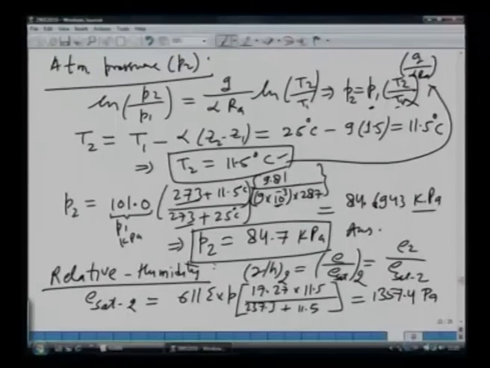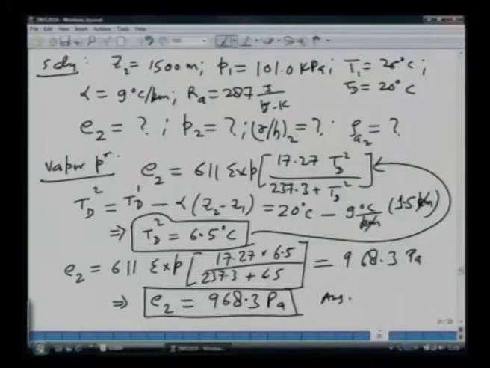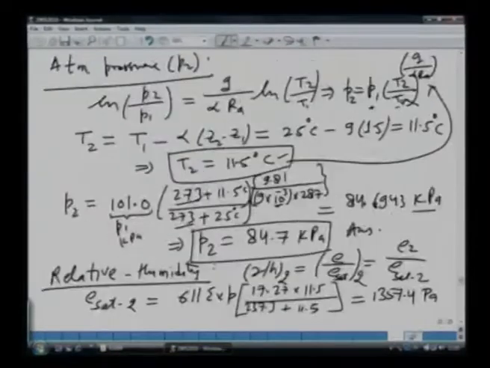So, moving on, you have relative humidity at a height of cross section 2, or 1.5 kilometers, equal to your E2 over E2 saturation, which we had found out. What is E2? E2, if you go back, is 968.3.